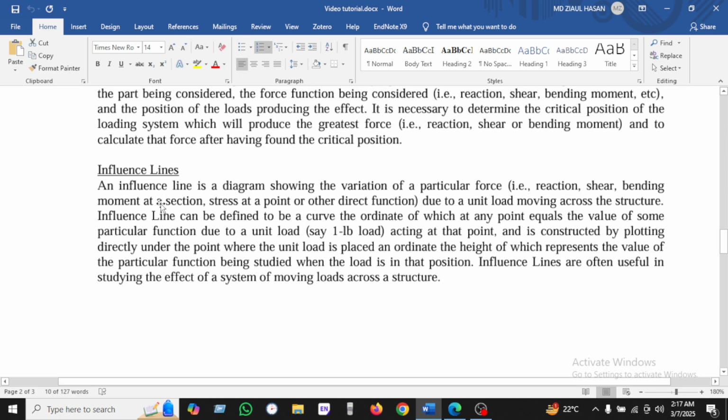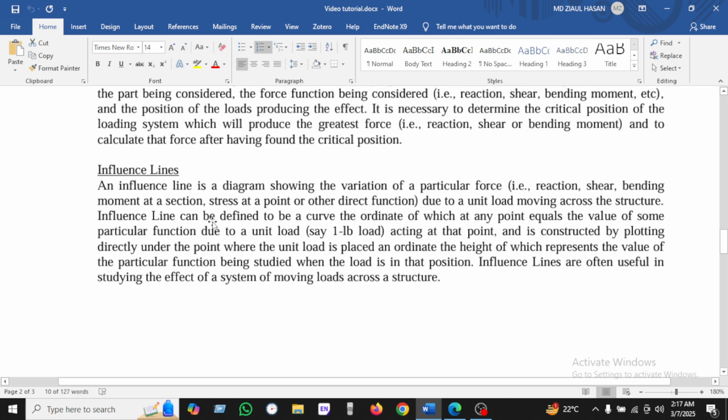And now we are going to describe the influence line. An influence line is a diagram showing the variation of a particular force. What is force? A reaction, shear, and bending moment at a section, stress at the position or other function due to a unit load moving across the structure.